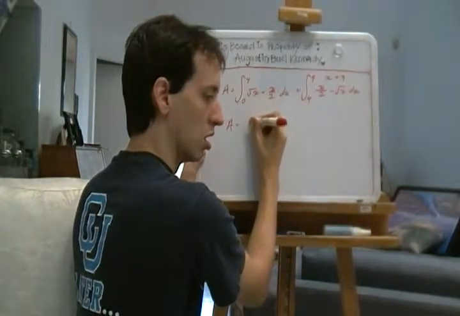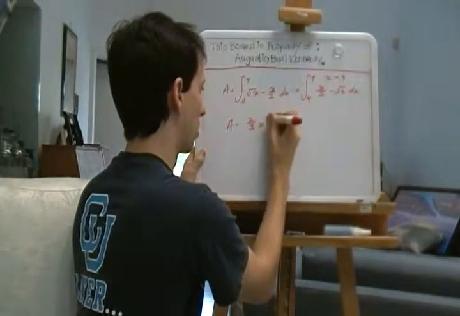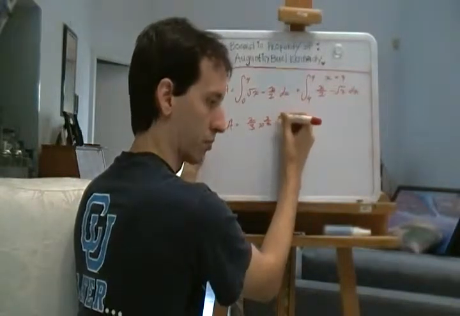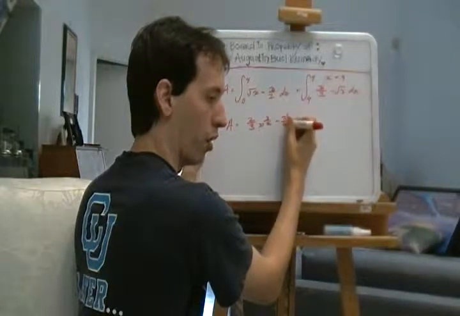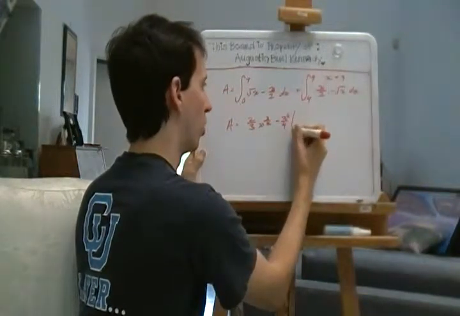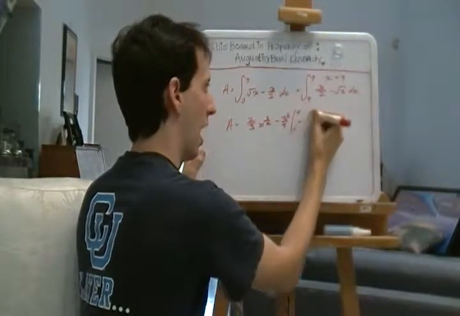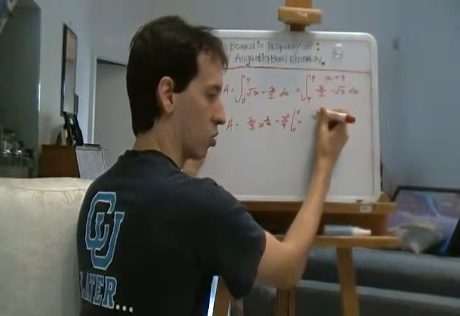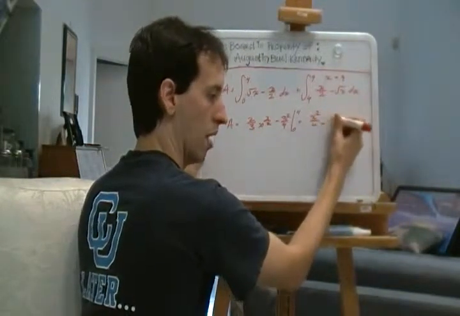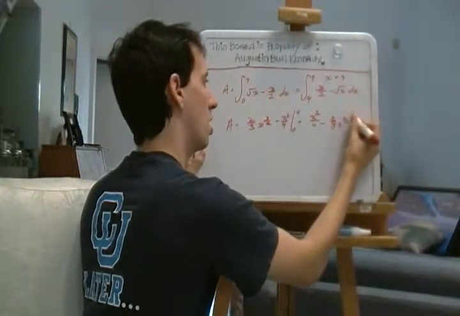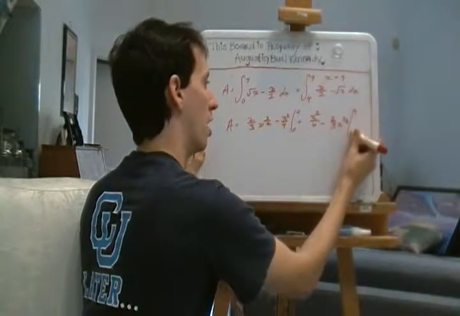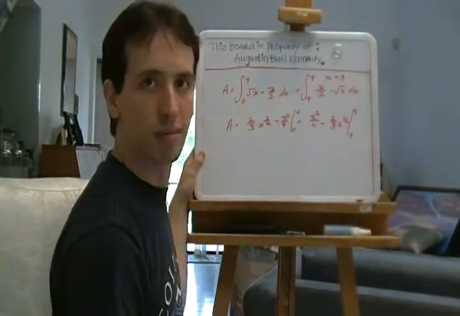That'll give us 2/3 x to the 3/2 minus x squared over 4 between 0 and 4, and x squared over 4 minus 2/3 x to the 3/2 between 4 and 9.